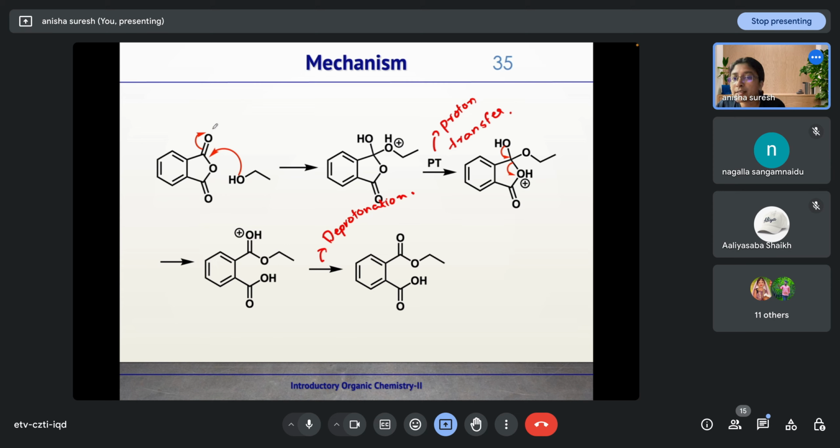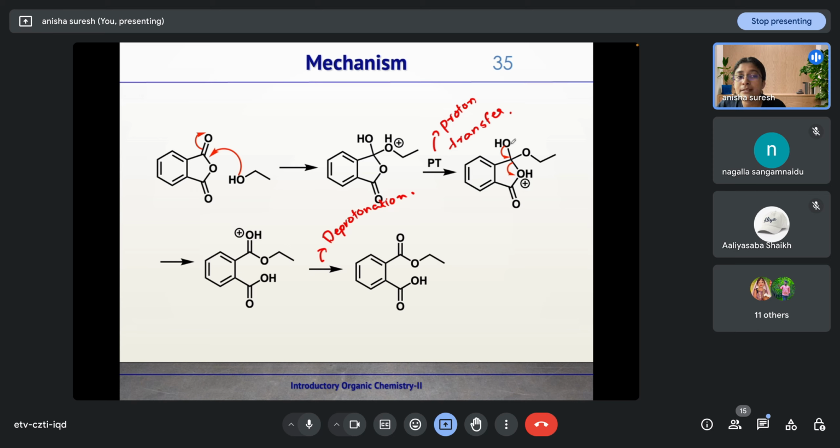Just again, this is the anhydride. Here we have carbonyl carbons, and this ethanol will add on to one of them. Two carbonyl carbons are there which are identical, so ethanol will add on to one of the carbonyl carbons and we will get this tetrahedral intermediate. Then a proton transfer can take place from this ethanol to this oxygen.